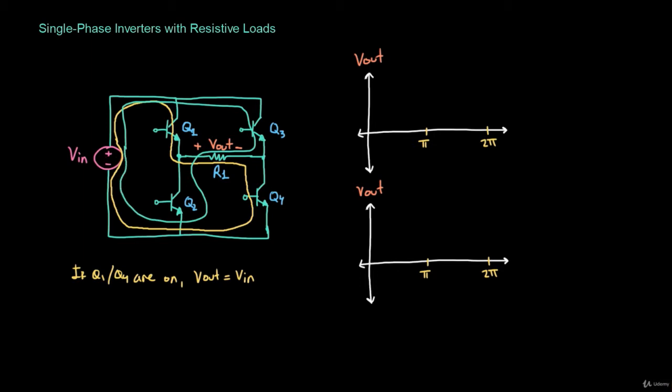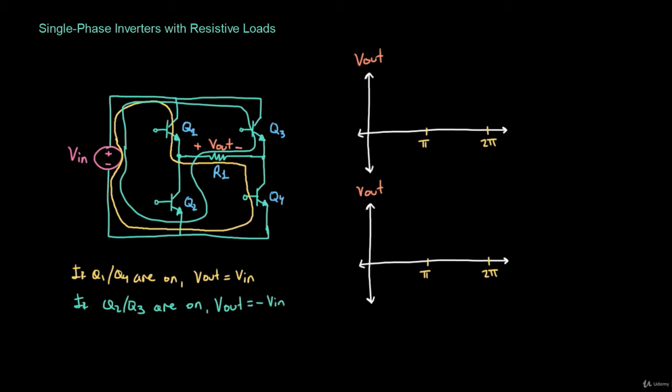You can see here that we've connected the positive terminal of Vin to the negative terminal of Vout, and we've connected the negative terminal of Vin to the positive terminal of Vout. So essentially we're reversing the polarity of Vin with respect to Vout. We're going to say then that if Q2 and Q3 are on, then Vout is going to be equal to minus Vin.